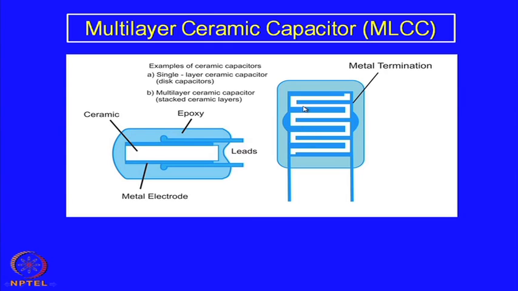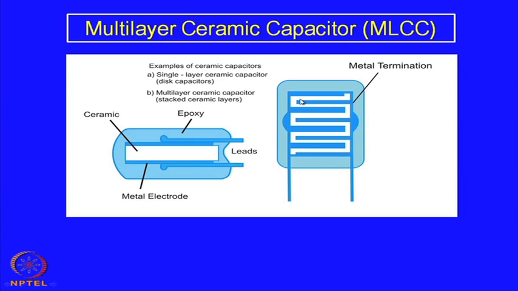As you can see, the alternate layers of the electrodes are not extending to the end. This one is not extending to the other end, and the other one is not extending to the left end. And these are connected on this side and this is also connected on this side.